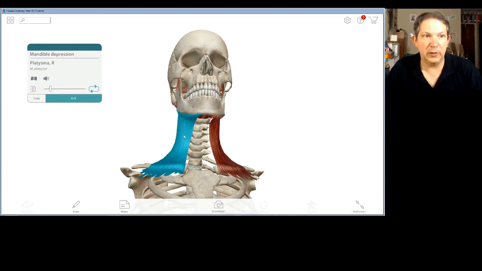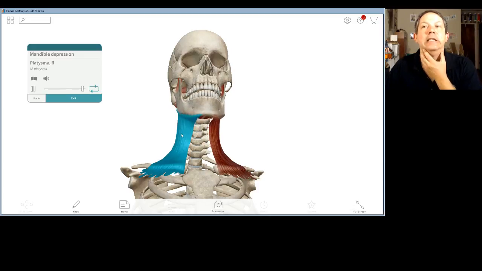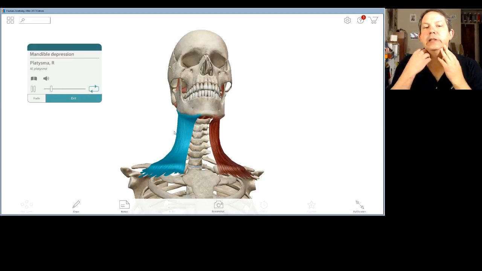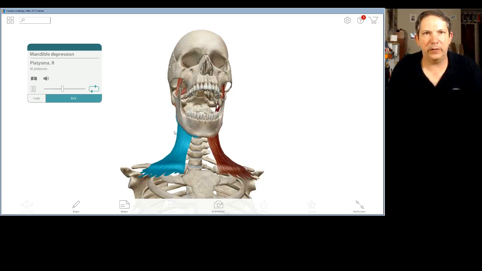This, the platysma. And platy is referring to flat, and you can kind of tell where your platysma is. It's very superficial, it's right in the skin, and when you grimace, that's when you can kind of define your platysma muscle.